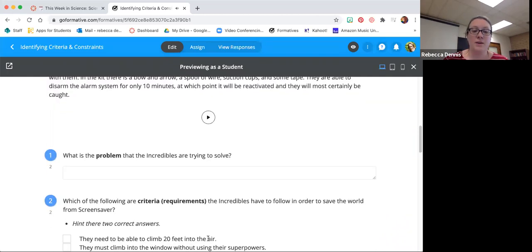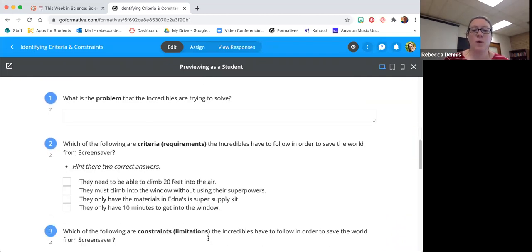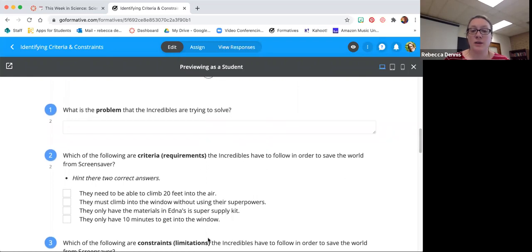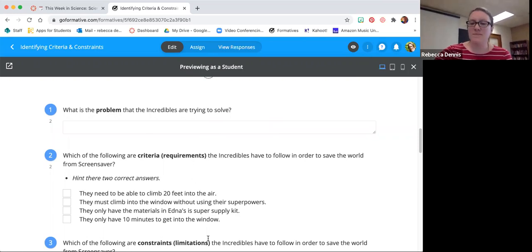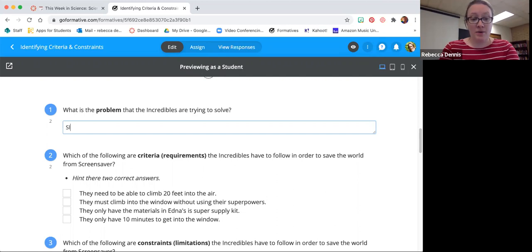Okay. So first I asked you to decide what the problem is that the Incredibles are trying to solve. So there's kind of a couple parts to this. The first one that a lot of you came up with, and it's absolutely true, is that they've lost their superpowers because of the bad guy. So we could put that in there, that Screenslaver took away their powers.